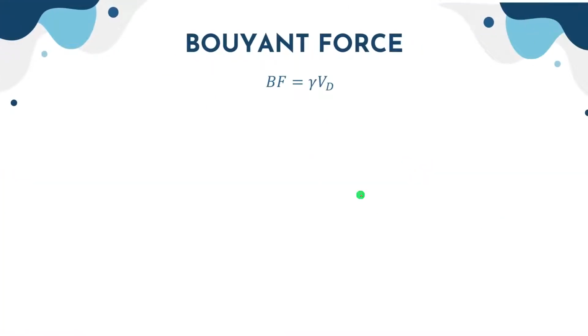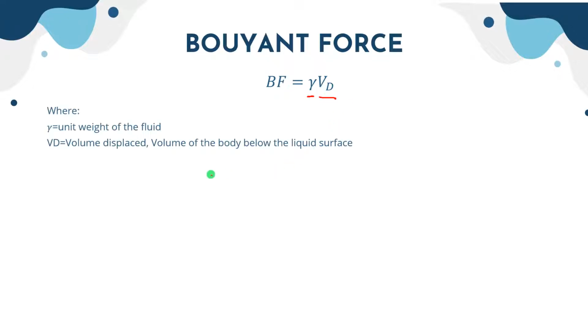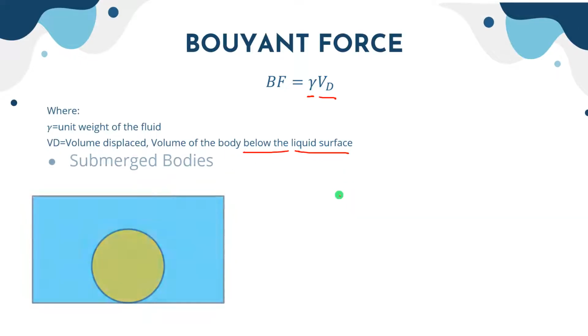So, we can say that the buoyant force is just the product of the unit weight of the fluid where the object is being immersed multiplied by the volume displaced. That volume displaced is just the volume of the body below the liquid surface.